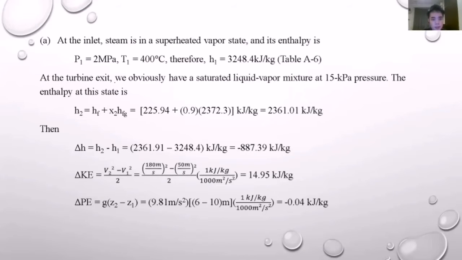At the turbine exit, we have a saturated liquid vapor mixture at 15 kilopascal pressure. The enthalpy at this state is H2 equals HF plus x2 HFG.